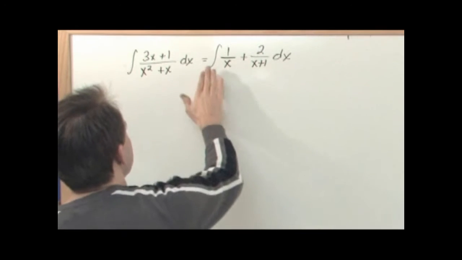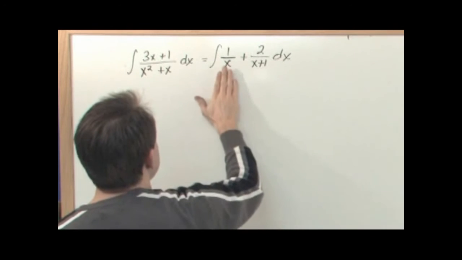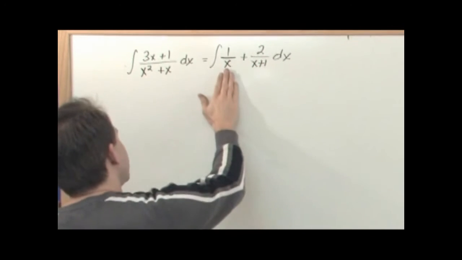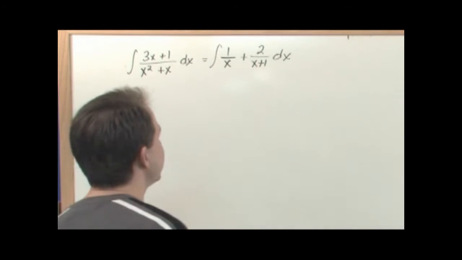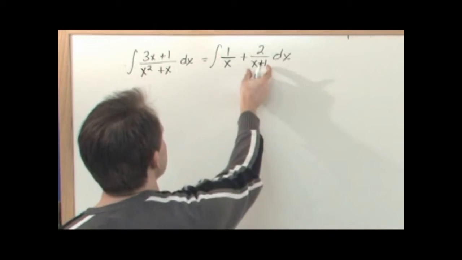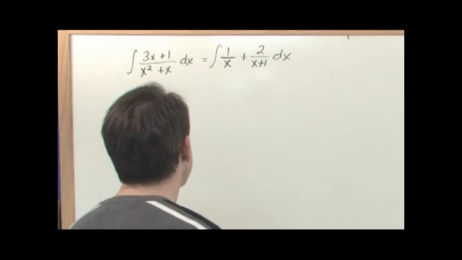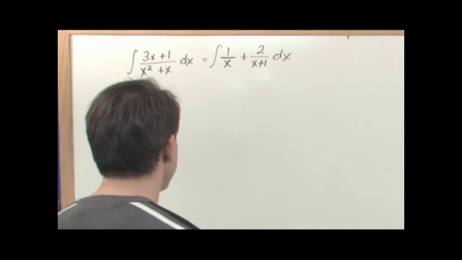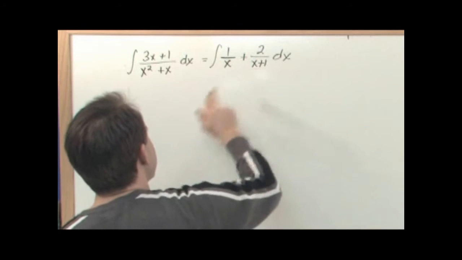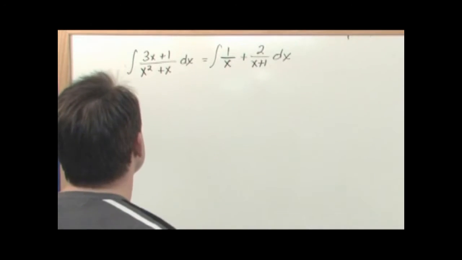Because here you have the integral of the sum of 2 things, which is just the integral of the first thing plus the integral of the second thing. The integral of this thing is just the natural log of x, and the integral of this thing can be done by a quick substitution, because if you take u equals x plus 1 and take the derivative of that, you'll just get 1. And when you do all of this, I think you can convince yourself you can integrate this, and you can integrate this. So you can do this.